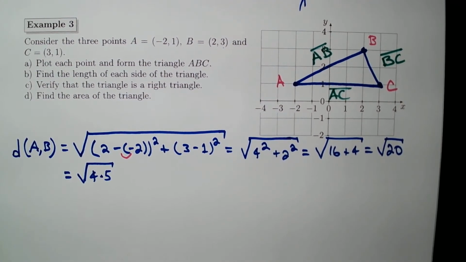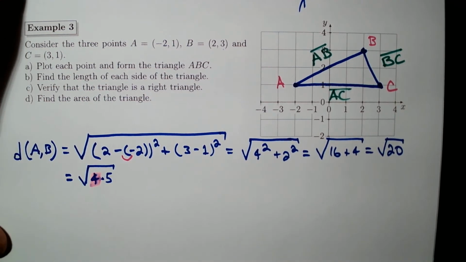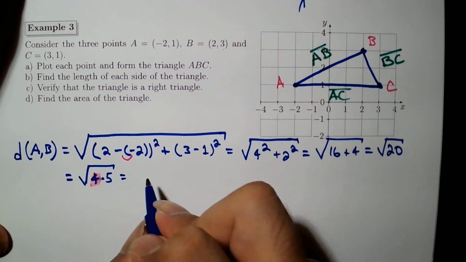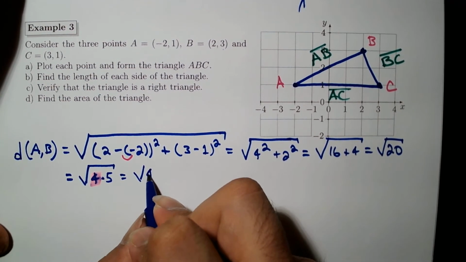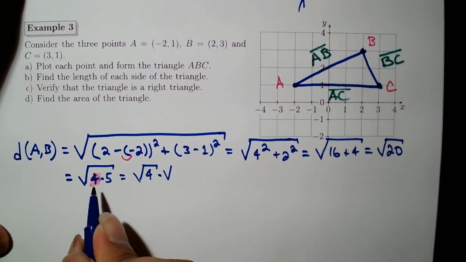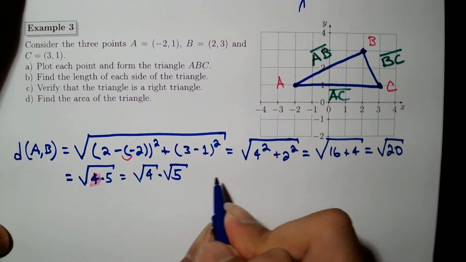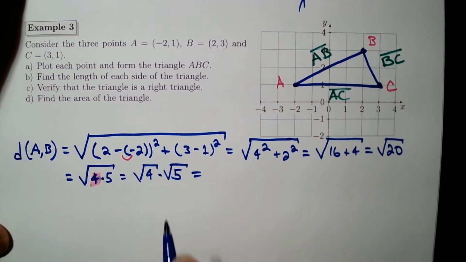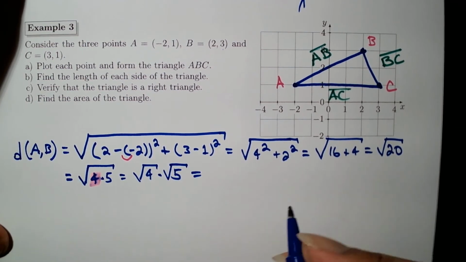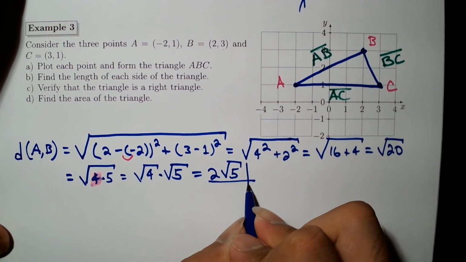I'm going to highlight the number that is a perfect square, and use the property of radicals: when we have the radical of a product of 2 numbers or more, we can write that as the product of 2 radicals. That's something we learn in intermediate algebra. In this case, we evaluate the one that has the perfect square. So 2 square root of 5. There goes the first one.